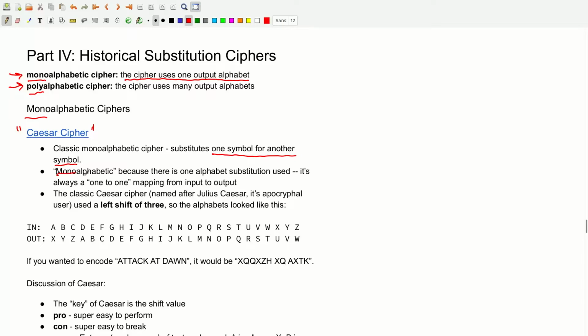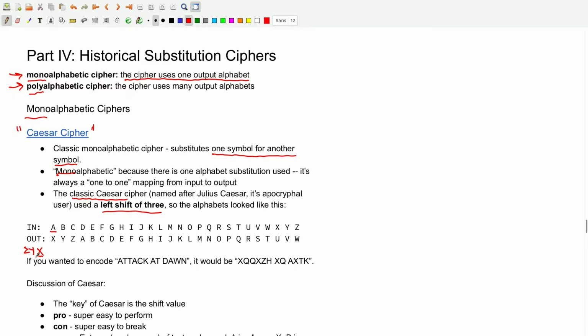It's monoalphabetic because there's just one substitution alphabet used, and the classic Caesar cipher is a left shift of 3. Okay, so what that means is that A is shifted left by 3, so Z, Y, X is the shift, and B then would be Y, and C would be Z, and D would be A, and so forth, until Z is left shifted 3 to W, right?